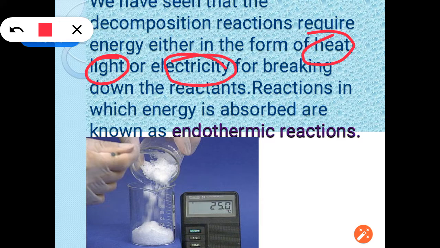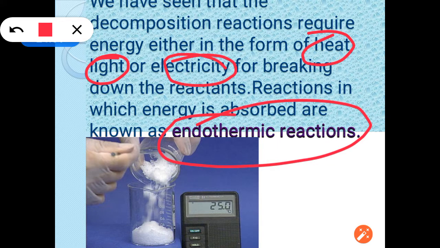So reactions in which energy is absorbed are known as endothermic reactions. So in all these types of decomposition reactions, whether in the presence of heat, light, or electricity, the energy is absorbed. That's why they are known as endothermic reactions.